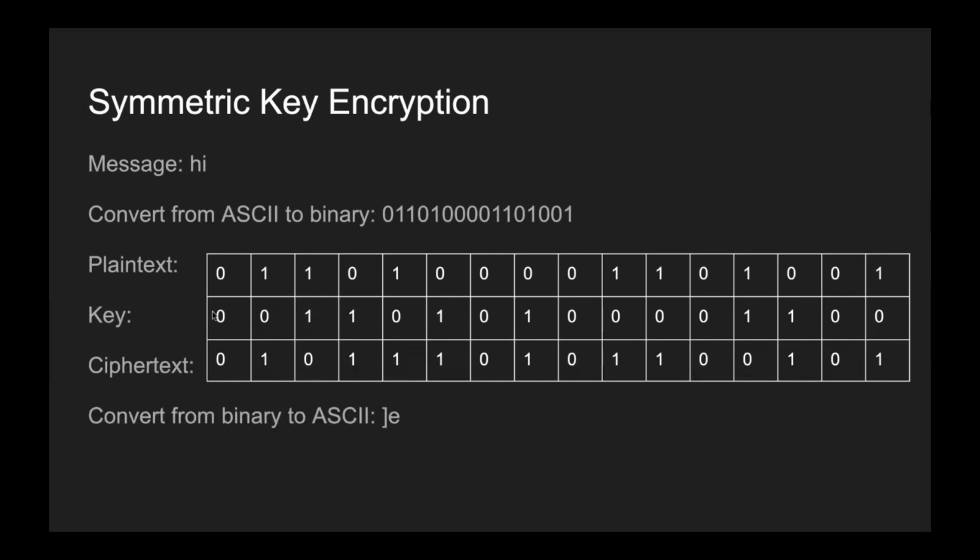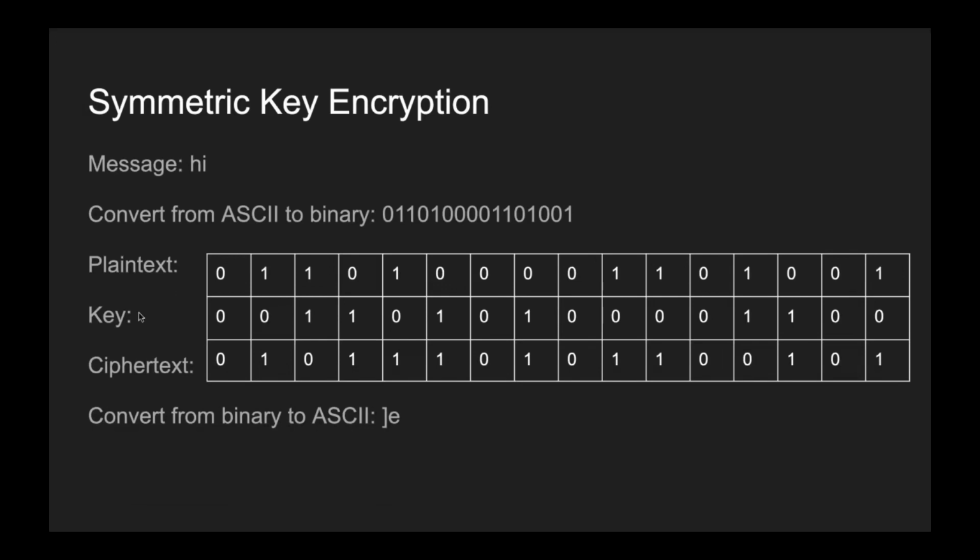And then if you take this key, which is our encryption and decryption key, 0, 0, 1, 1, 0, and so on, there's an operation you can do. It's basically just adding each of these columns together. It's called XOR. It's adding without carrying. It's one way to think about it.